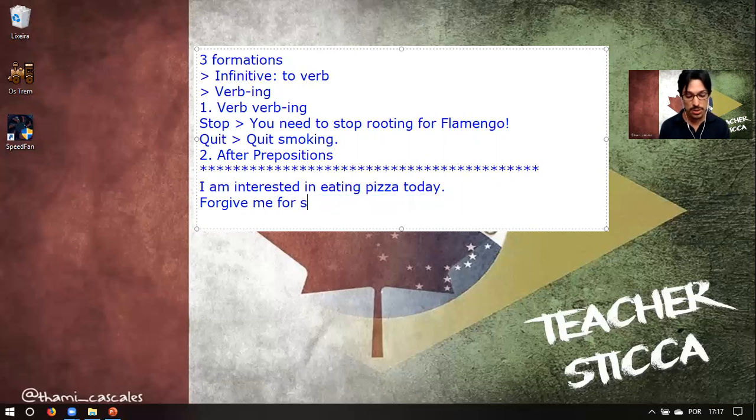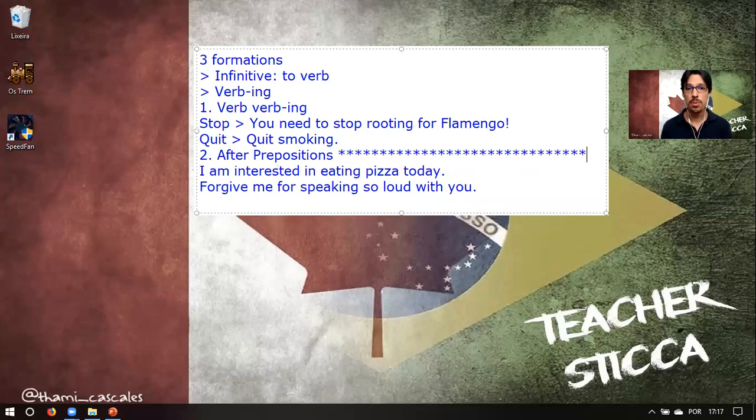Forgive me for speaking so loud with you. So for speaking, in eating, every time we have a preposition and a verb after it, it's important to remember that we need to use the verb in ing form, okay?